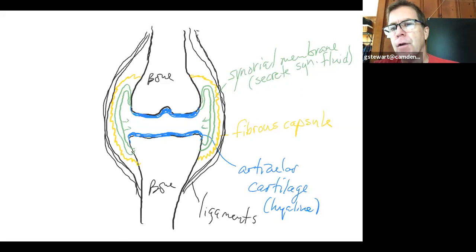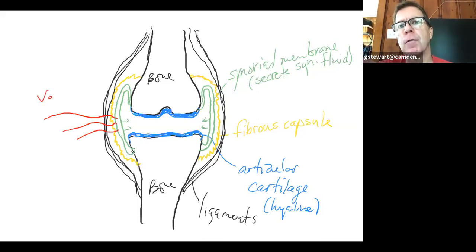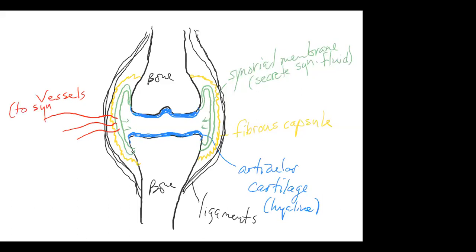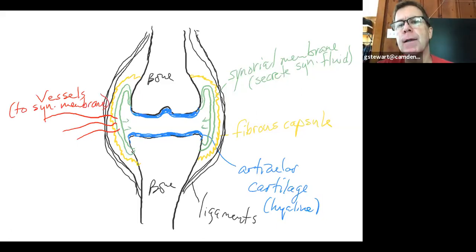And then nerves and vessels actually penetrate all the way to the synovial membrane, to here. So the vessels bring nutrition. So those secretory cells in the synovial membrane are supplied with nutrition.